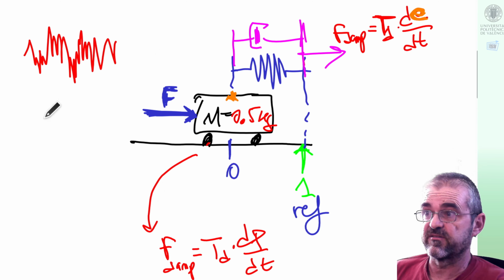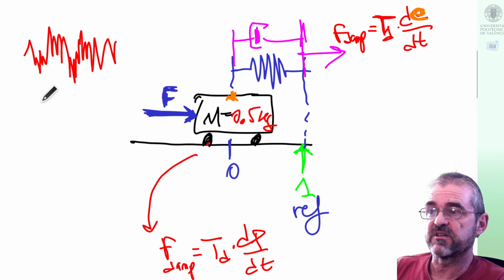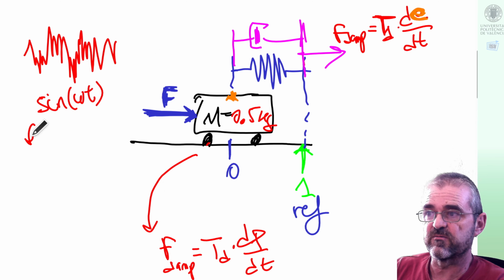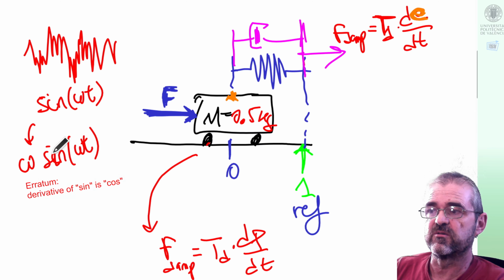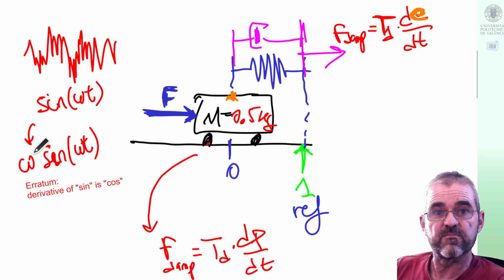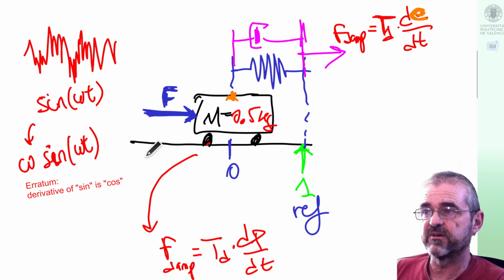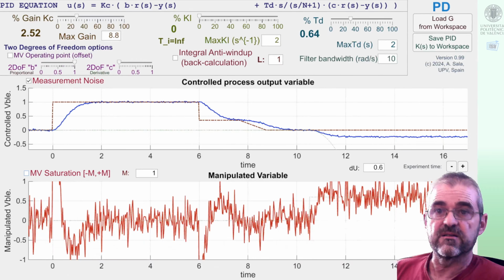In a frequency response interpretation, if sine of omega t is present in the signal, then the derivative will be omega times cosine of omega t. So the high frequency amplification is exacerbated by derivative components. And indeed, we see in the manipulated variable a lot of noise.